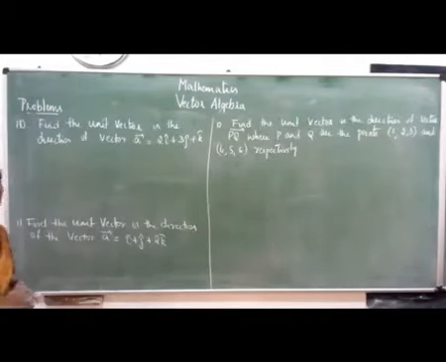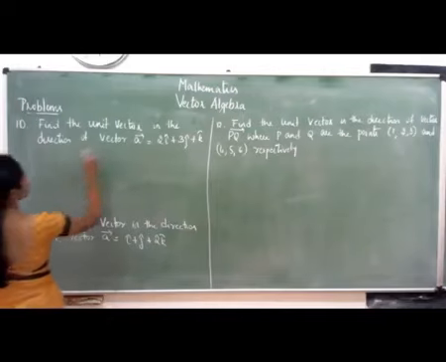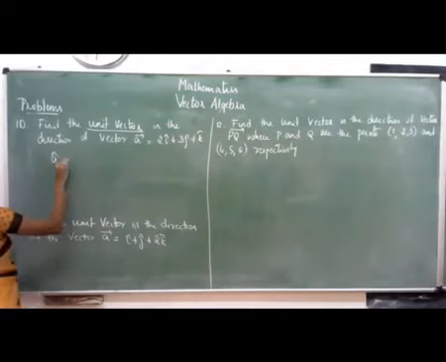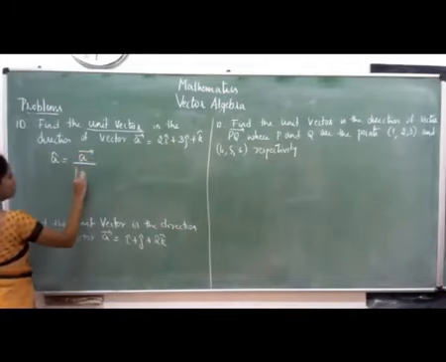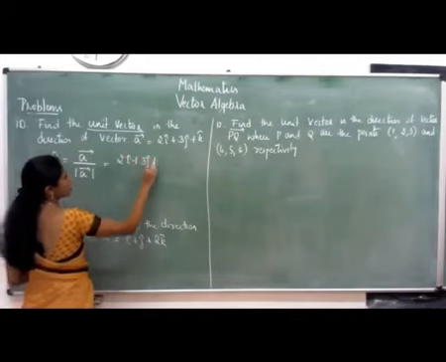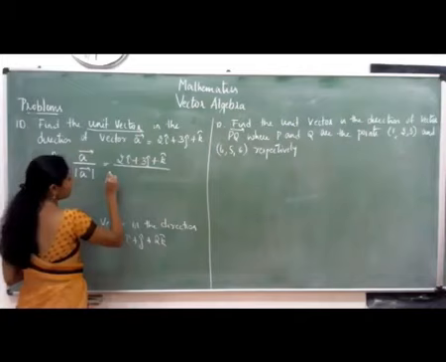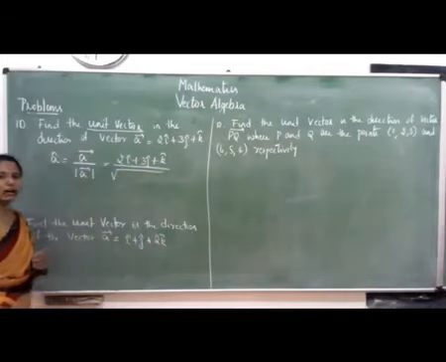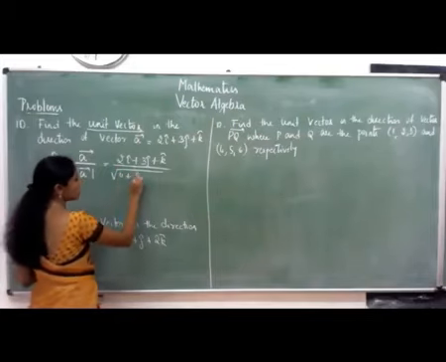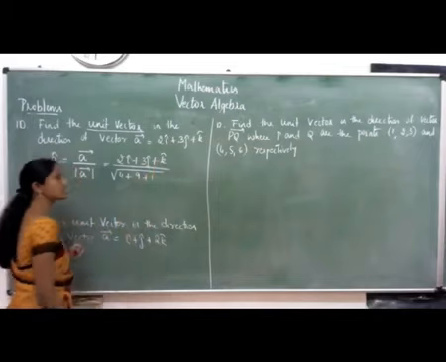Find the unit vector in the direction of the vector A equal to 2i cap plus 3j cap plus k cap. So here we need to find the unit vector. If you remember the formula, the unit vector in the direction of any vector A is given by A cap equal to vector A divided by magnitude of vector A, which is equal to 2i cap plus 3j cap plus k cap divided by root of, we already saw how to find the magnitude, 2 square, which is 4, plus 3 square, which is 9, plus 1 square, which is 1.